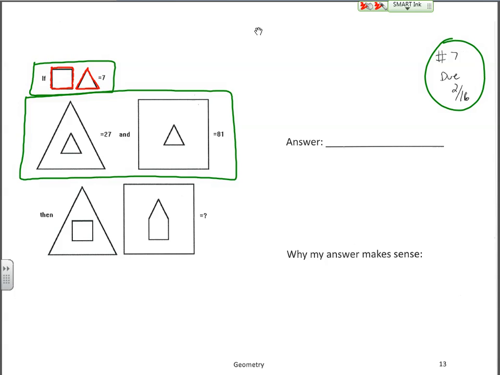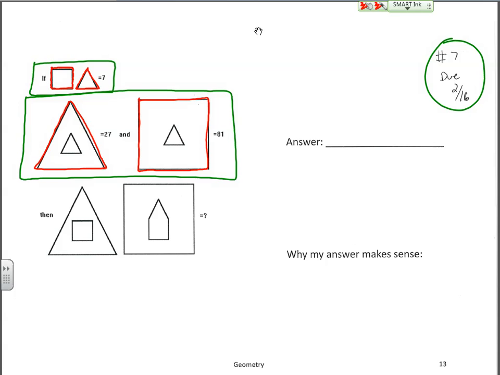Then we have a triangle in a square, and the only difference between these 2 figures is that the first one, the triangle is inside of a larger triangle. And the second one, that triangle is inside a larger square. So something about moving from a triangle to a square causes the value to increase from 27 to 81. And the question, of course, is, what's going on here?